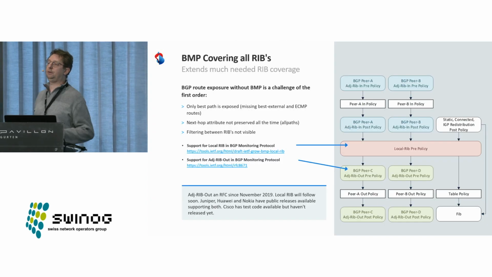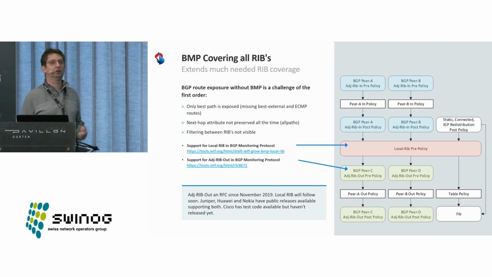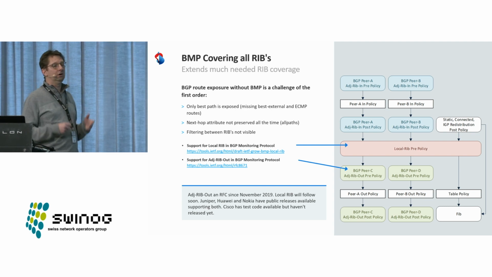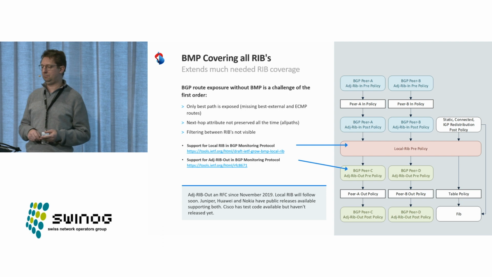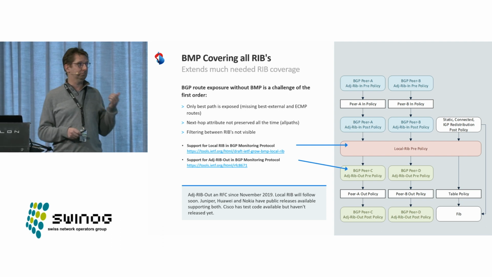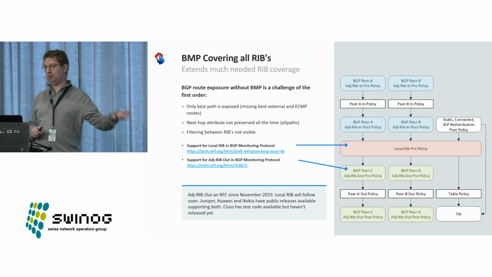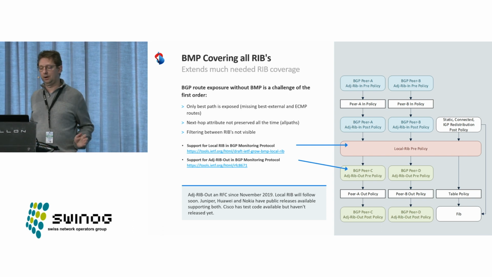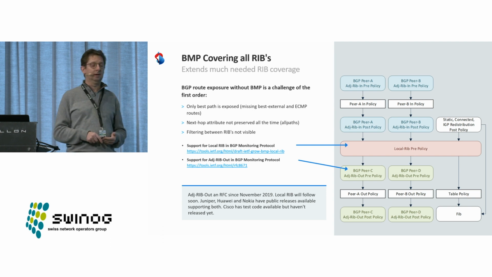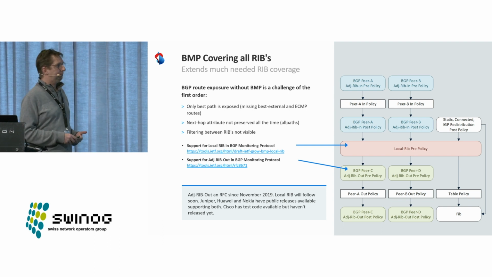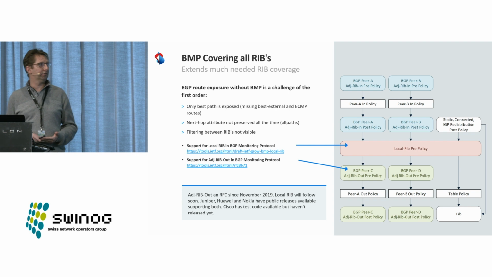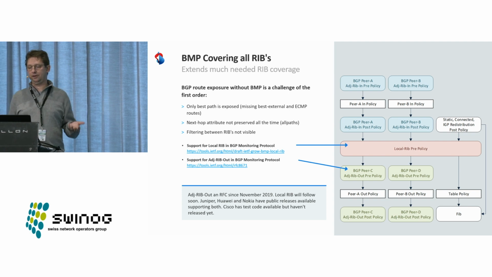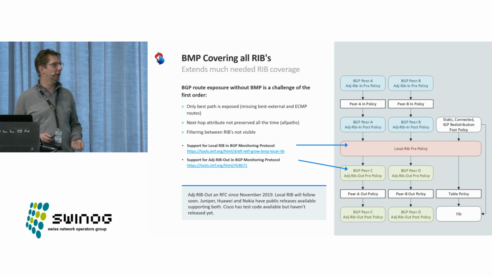Until now, by just peering to the router and getting some BGP routes from the router, we do not have the real visibility inside of the BGP router. A BGP router has an Adj-RIB-In, where we learn, a local RIB, what you install, and an Adj-RIB-Out, where you advertise. BMP, the initial RFC, was covering the Adj-RIB-In part, so what we receive.